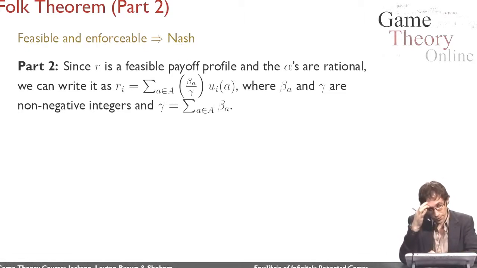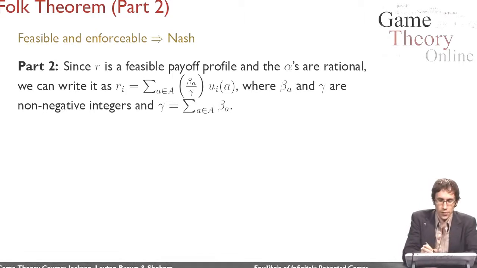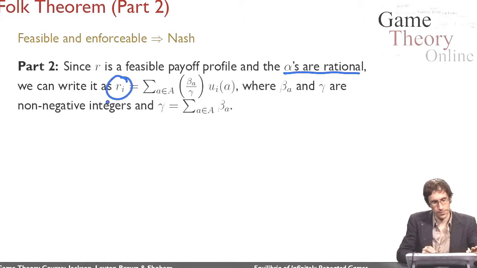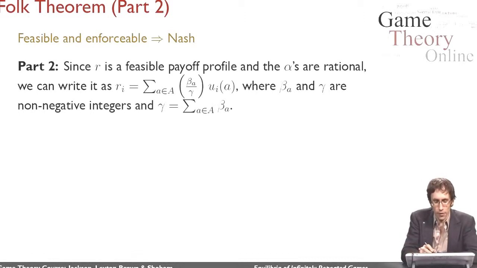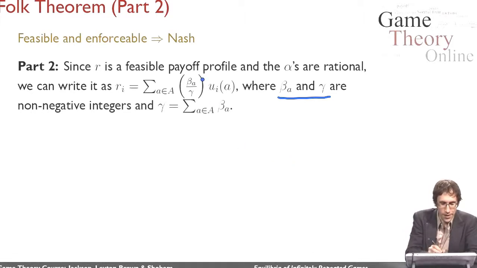So first of all, let's introduce some bookkeeping notation that we'll use here. Since r is feasible, and since we've assumed that these alphas are rational, then we can write each r_i as follows. Basically, we can make up new variables, beta_a and gamma, where we replace each alpha_a by beta_a divided by gamma.